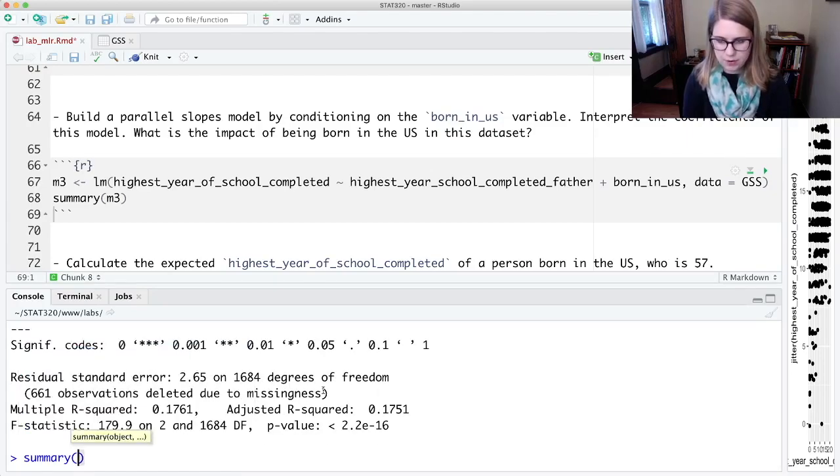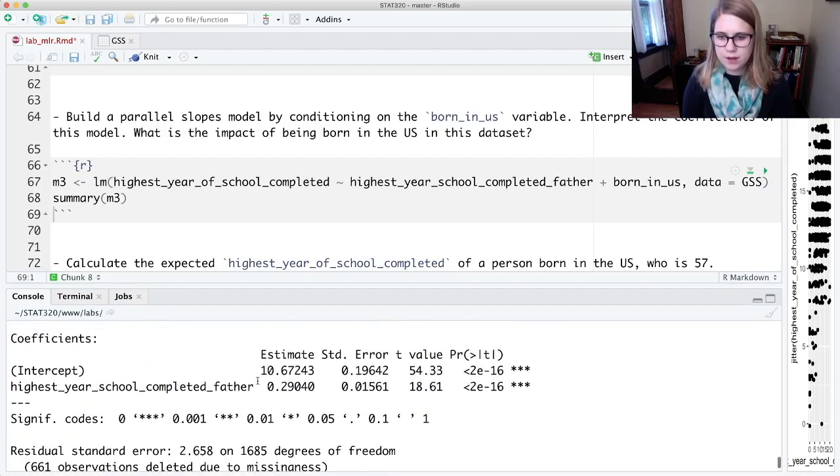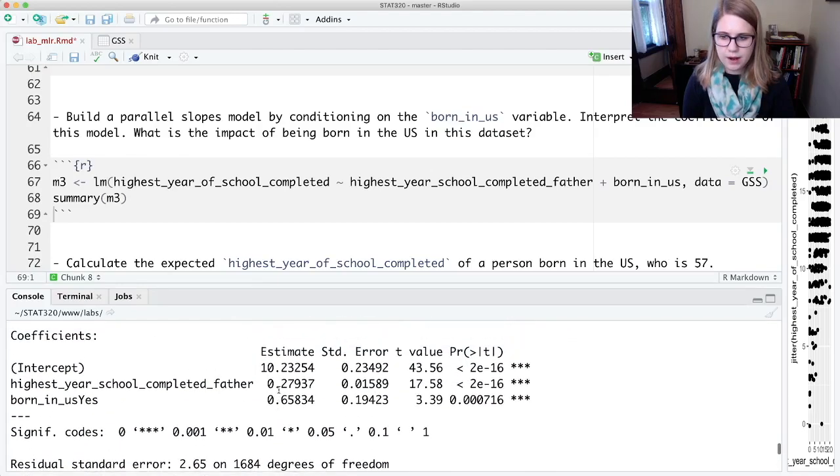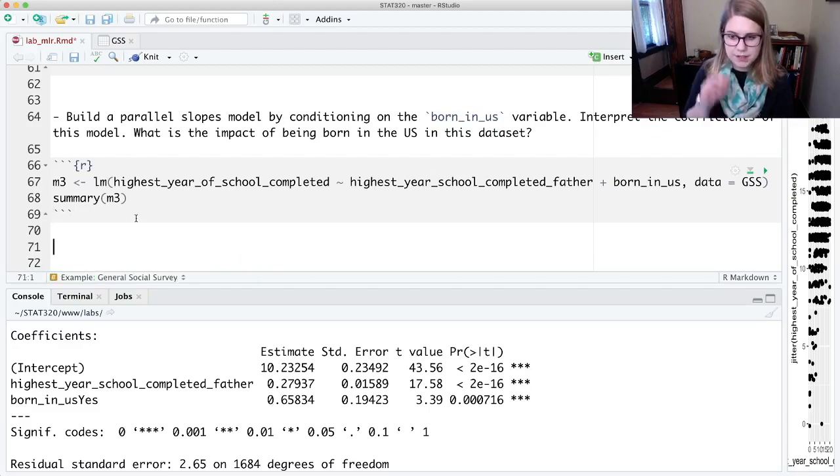And this has changed everything about my model. So when I looked at summary M1, the coefficient for highest year school completed father was 0.29, and now it is 0.279. So it hasn't changed a lot, but it changed a little. And now I also have a coefficient on born in the US, yes. So if I had to interpret that coefficient, well, let's do each of them.